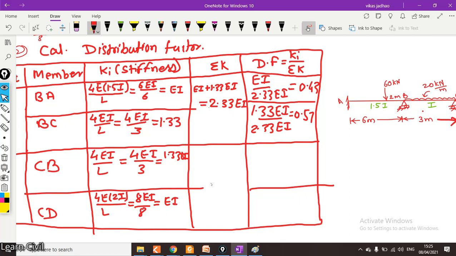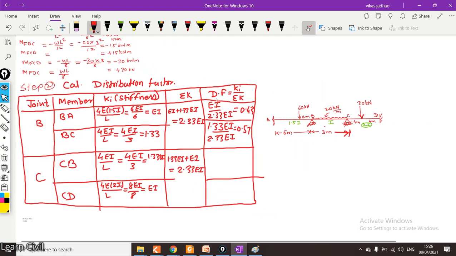Now the sum of all these stiffnesses is 1.33 EI plus EI, which is equal to 2.33 EI.